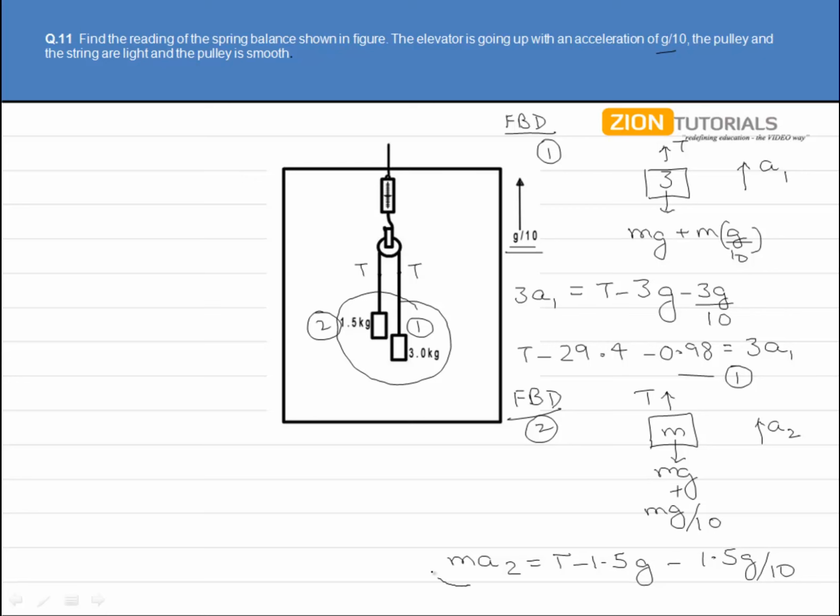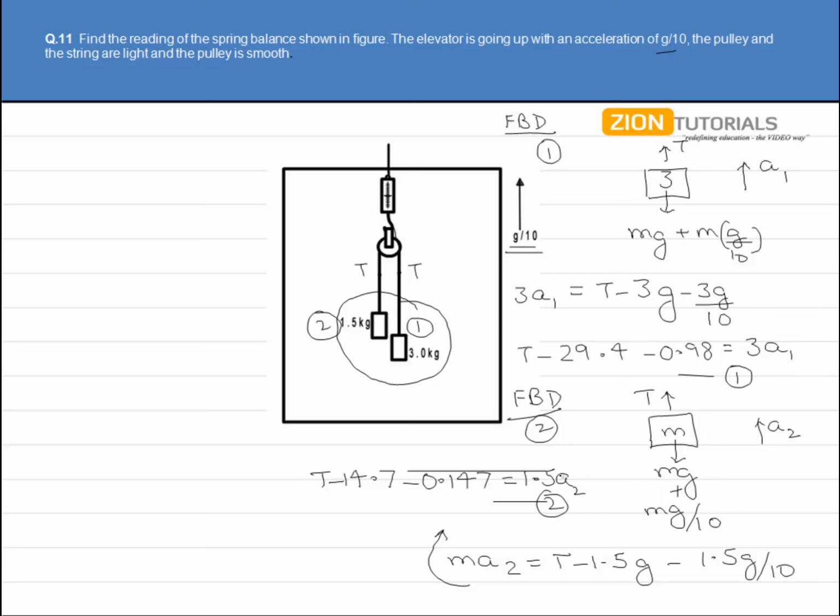Putting the values in this, we get the equation T minus 14.7 minus 1.47 equals 1.5a2.